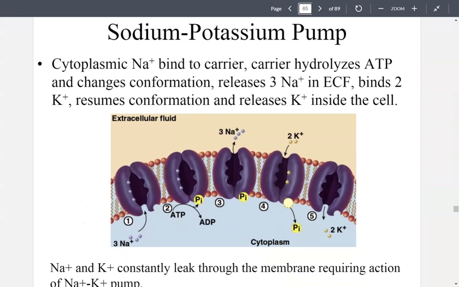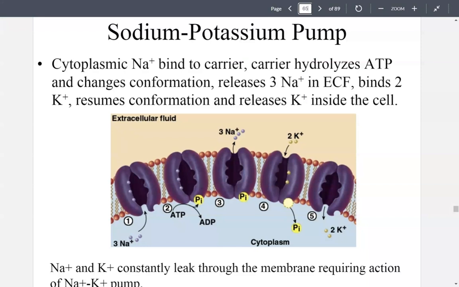So in order for a sodium-potassium pump to function, you need to have 3, not 1, not 2, but 3 sodiums bind to the protein. These sodiums need to be inside of the cell. These sodiums are going to bind. We're going to have an ATP come along and split off its last phosphate group. That phosphate group is going to bind, but that release of the bond is going to release energy.